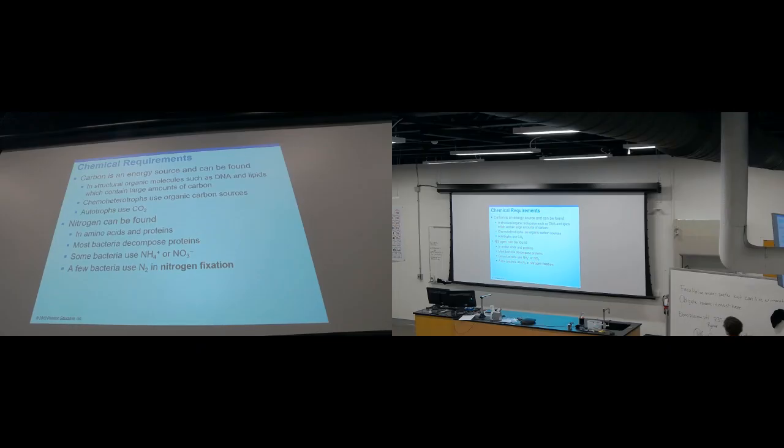Elemental nitrogen exists in nature, and it's a gas. Bacteria can fix it. They have the enzyme that helps them to utilize this nitrogen, and only few bacteria can do so. Some bacteria can use ammonium or nitrites and nitrates, which will be NO4.